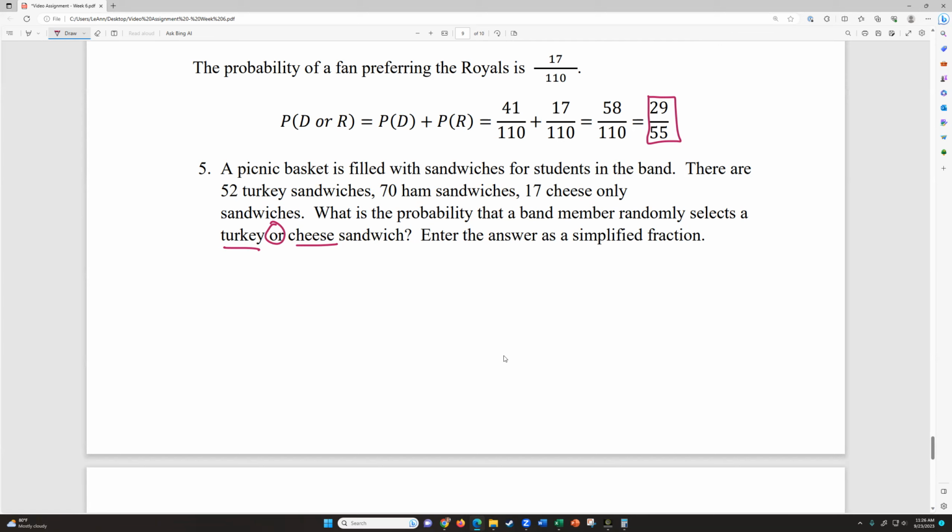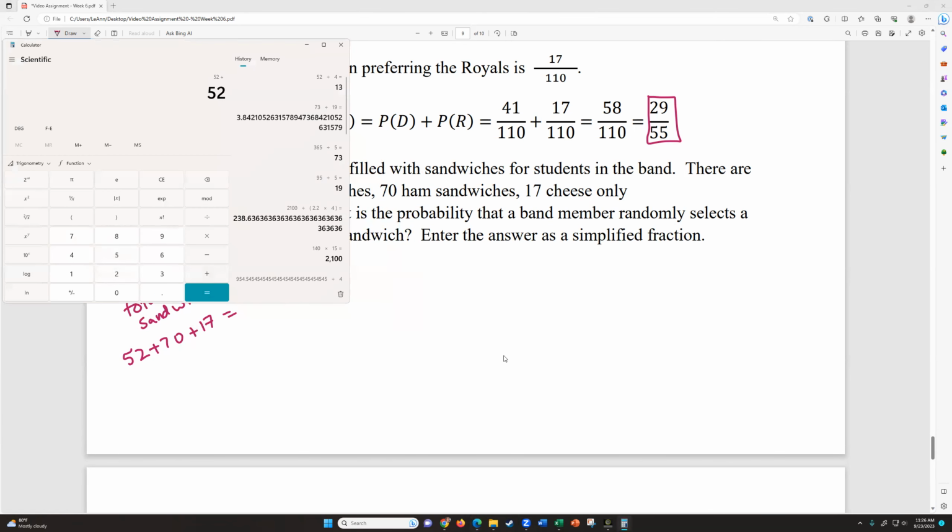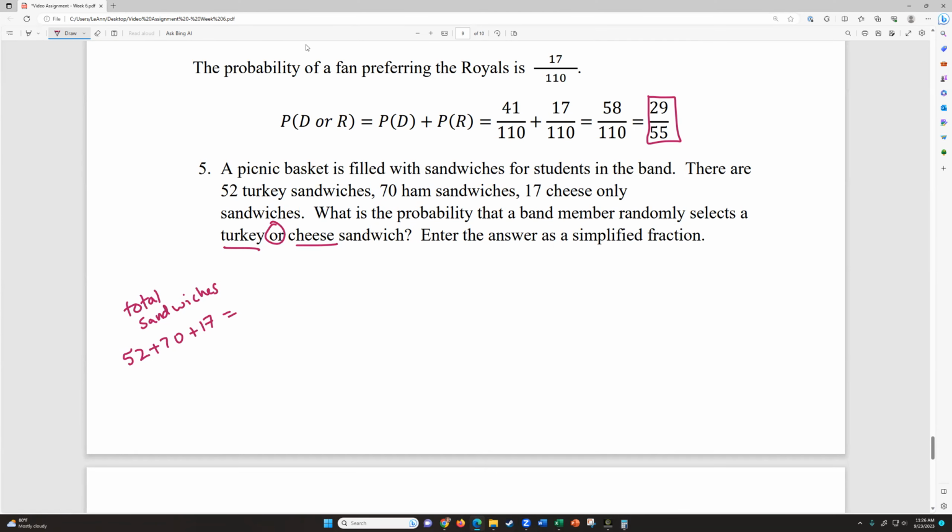So first of all, we need our total sandwiches because we'll need that for our denominator. So that's 52 plus 70 plus 17. That is 139 sandwiches that they brought. So the probability of turkey or cheese is the probability of turkey plus the probability of cheese, because we already said there's no overlap.